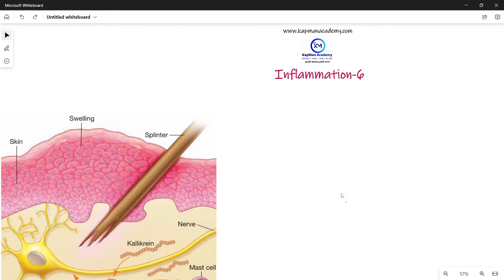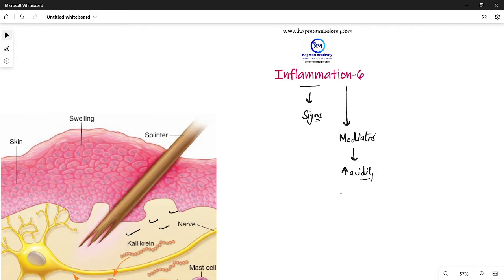Today we are going to talk about another part of the inflammation, which is the generation of inflammatory signs. As we already know, during the inflammatory response, different types of chemical mediators are released, and these mediators lead to increased acidity in the surrounding tissue.